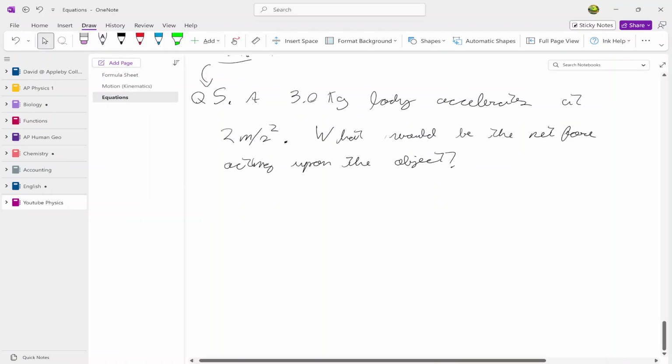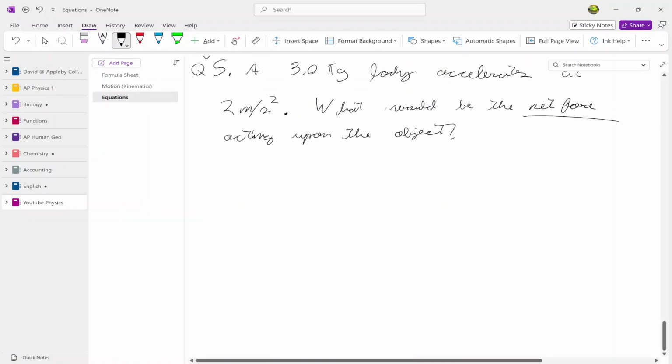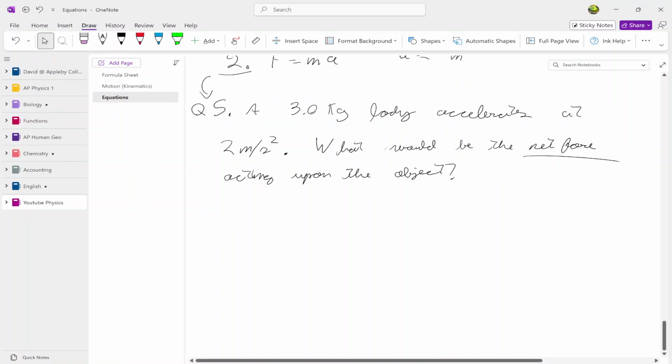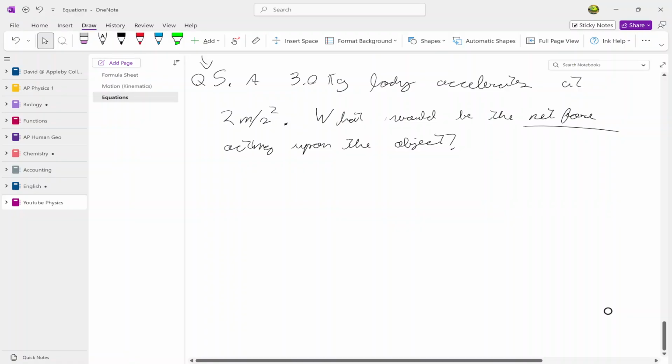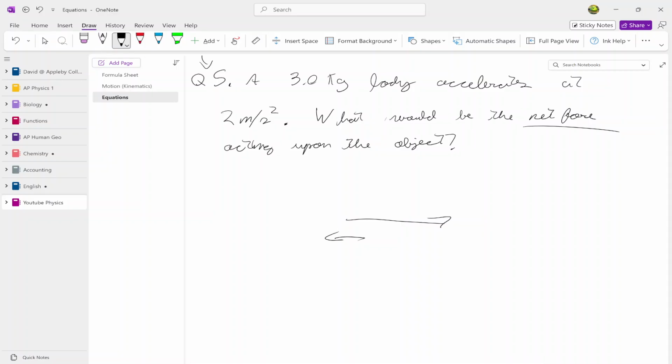The net force just means the overall force, because as I mentioned before, there can be multiple forces slowing down an object or speeding it up. Let's say I had the force of someone pushing me, and then the force of friction acting upon me. The net force would be this one minus this one, so it would look like a smaller thing, but it would still be moving me in that direction. Vector addition and subtraction is something we'll cover later on.